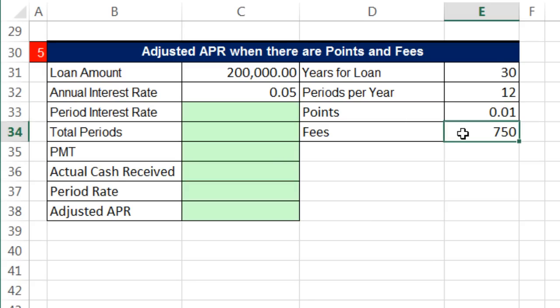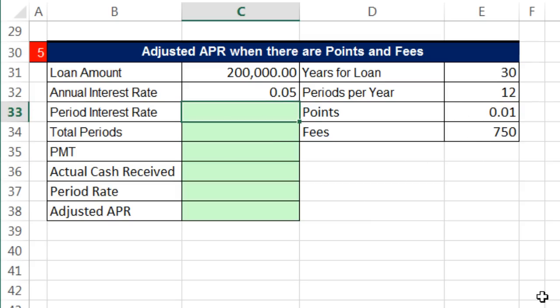Not only that, but there's a $750 fee on top. I wish they wouldn't disguise it this way and they just say, boom, here's our fee. But that's the way it goes. It's no problem. That's why we're learning how to do this finance, so we can calculate what it should be. Now, since we borrowed $200,000, we're actually going to have to make our periodic payment here based on that $200,000. But when we go to figure out what the adjusted APR is, that's where we take into consideration these.